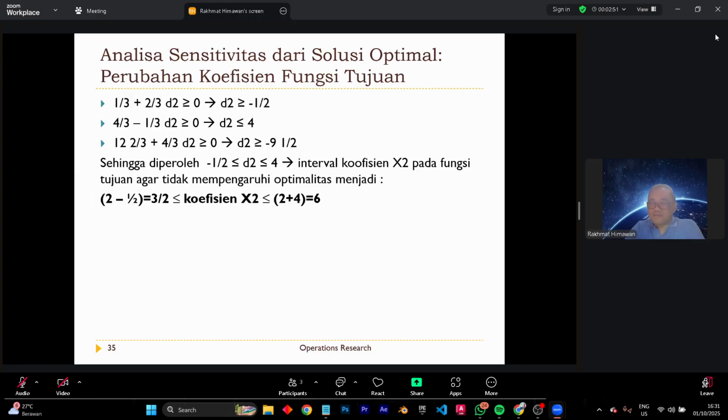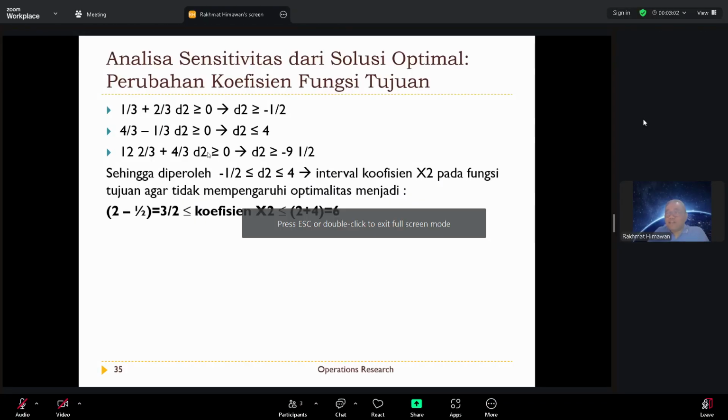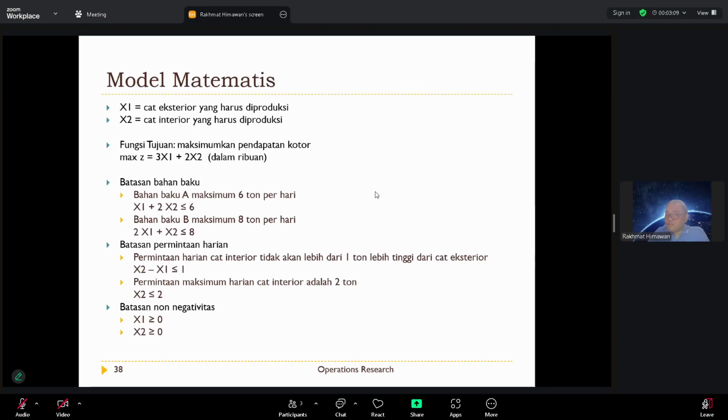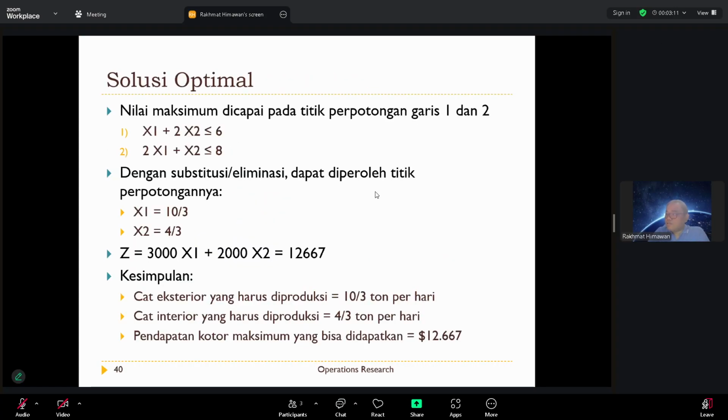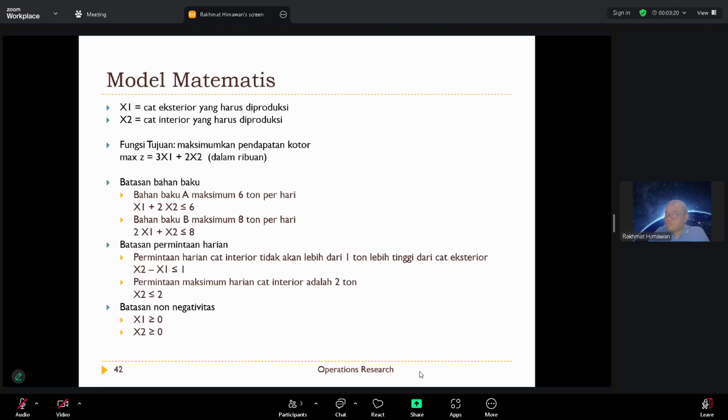So up to this point, any question? If not, then I will continue to the next file. Actually, I also have this graphical sensitivity analysis, but you can try to read it yourself, so that we still have time to discuss the next chapter, which is duality.